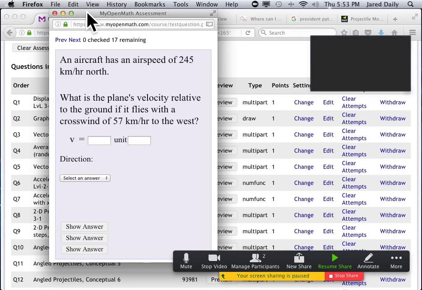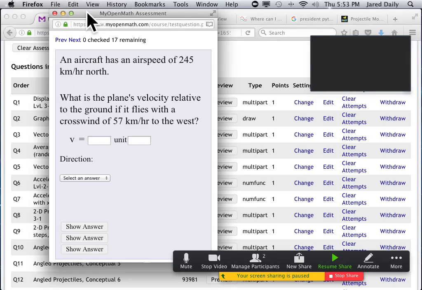So the jet engines are pushing you at 245 kilometers per hour this way, but the wind is pushing the plane this way, at 57 kilometers per hour. And they want to know what this one here is.